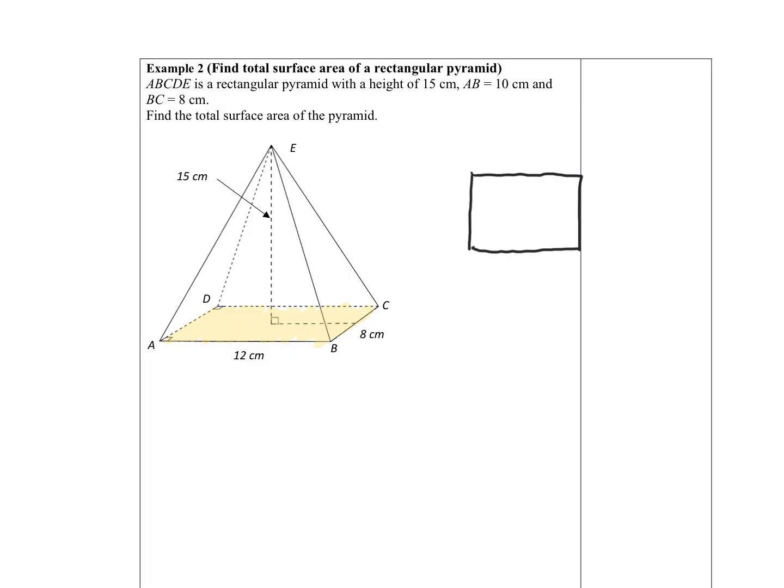And then the two triangles at the left and at the right are actually equal. So I draw one here, the other one here. These two are exactly the same.